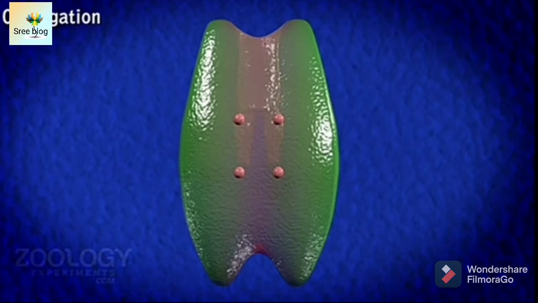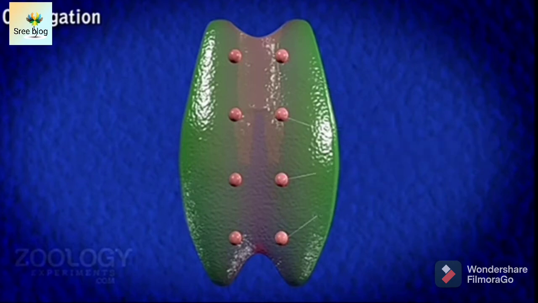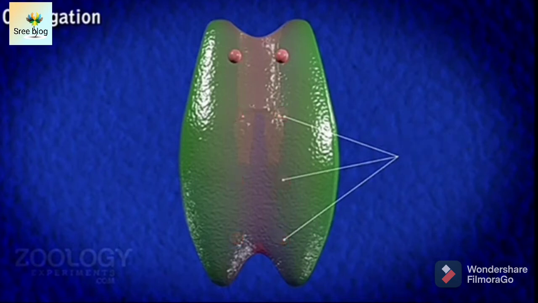First of all, during sexual reproduction, the micronucleus of each Paramecium undergoes meiosis, ultimately creating a haploid nucleus.